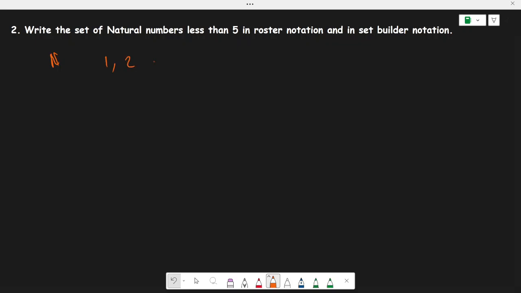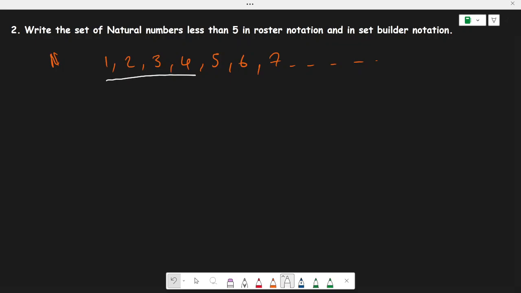So 1, 2, 3, 4, 5, 6, 7, going forward. These are natural numbers. So we are being told to write a set of these natural numbers that are less than 5. And the natural numbers that are less than 5 are 1 up to 4.